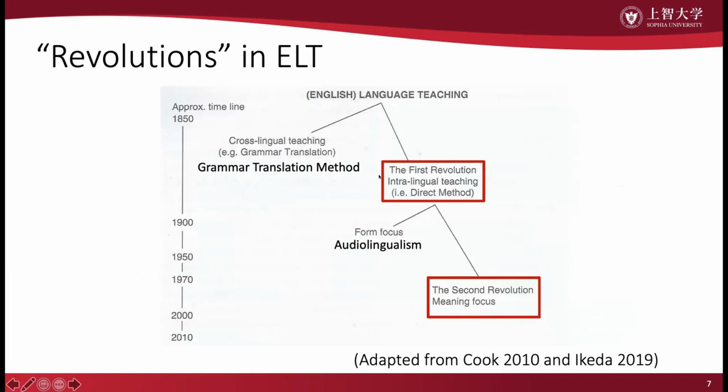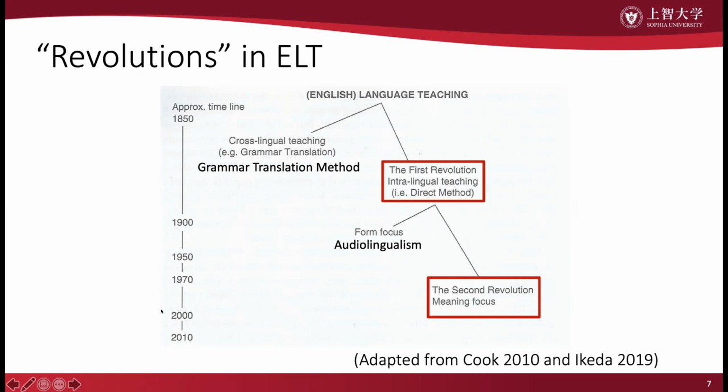And this focus eventually changed to producing the form perfectly. And this is with the audiolingual method. And the idea here is that students do a lot of pattern practice, repetition, memorization. And at this point, there's still a disconnect between form and meaning.